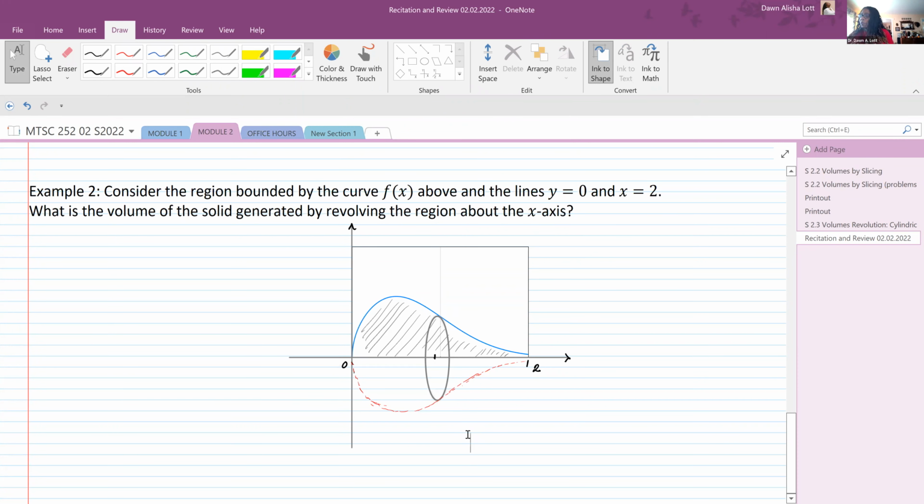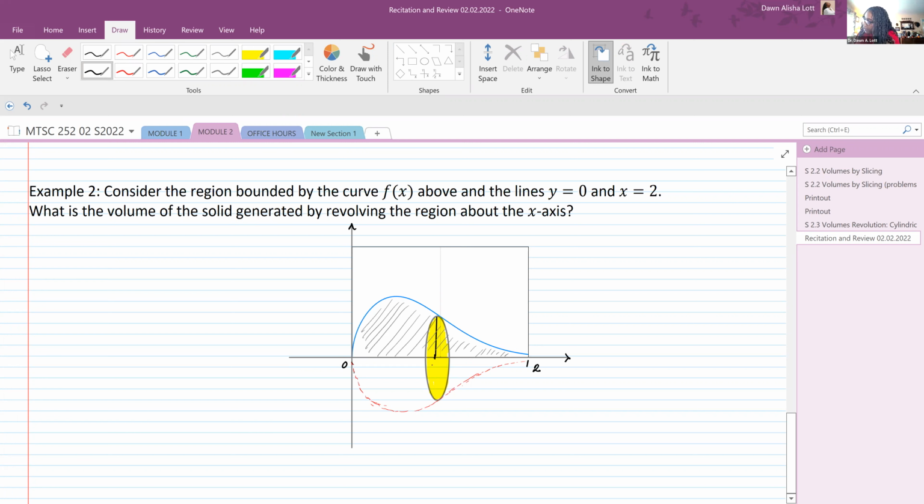Okay, so this is the area that gets moved through 0, 2. So I see my disk. There's my disk. And for my disk, I need the radius of it. So here's the radius. Okay. So the radius is that height.